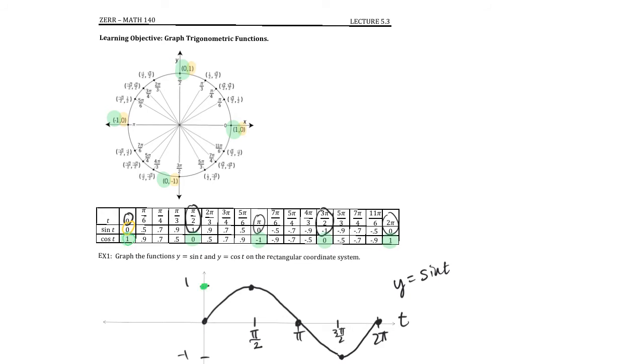At pi over 2, my output is 0. At pi, my output is negative 1. At 3 pi over 2, my output is 0. And at 2 pi, my output is 1. So the cosine starts up at 1 and it just coasts down. This one is cosine of t.